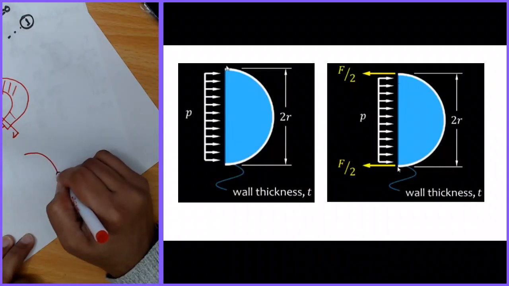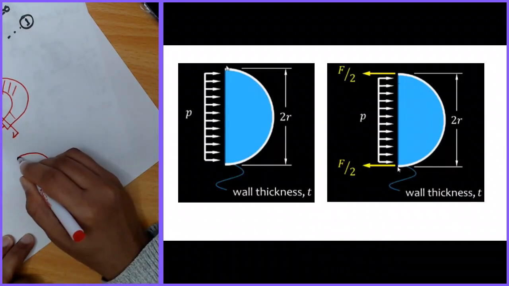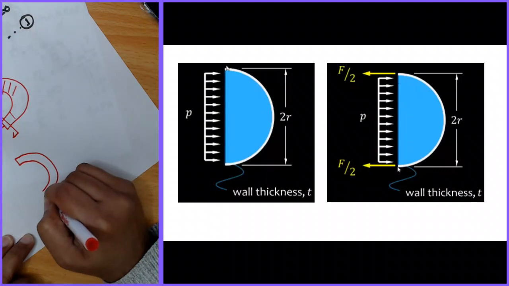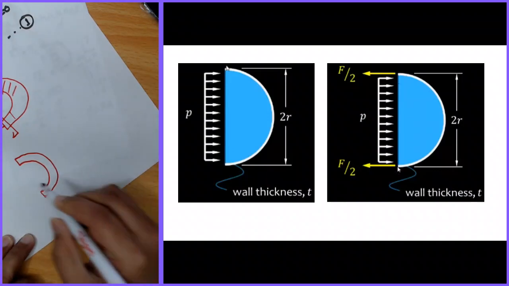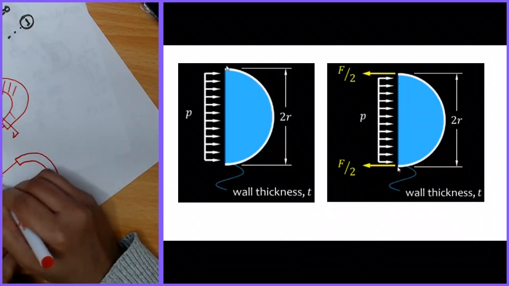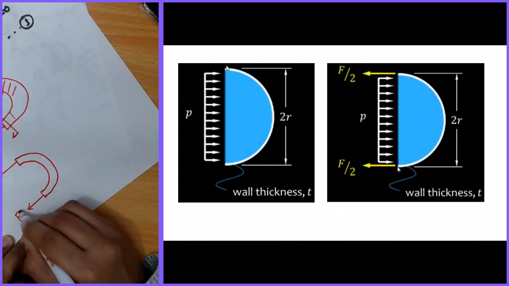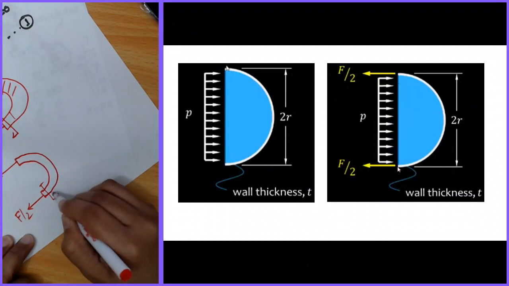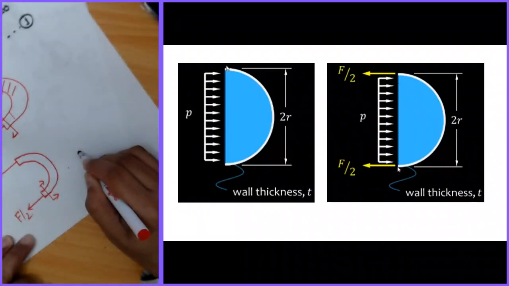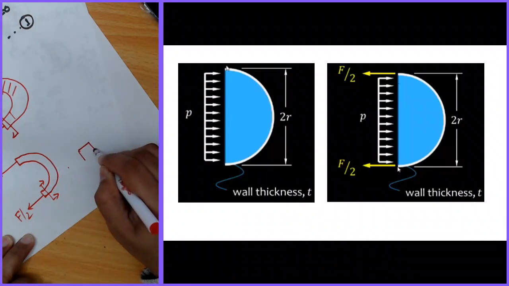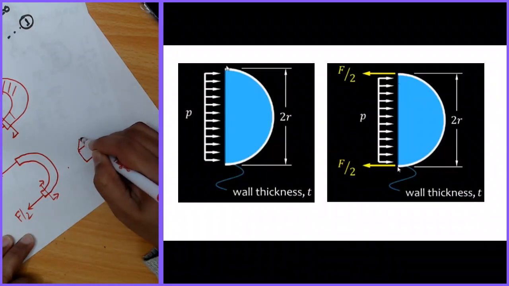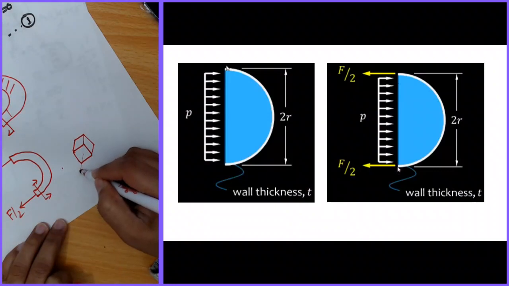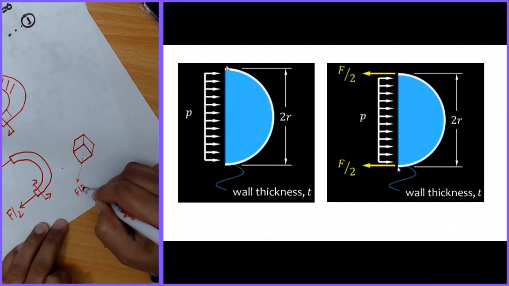This is force F by 2, F by 2, and if I cut this section, this is the cross section.